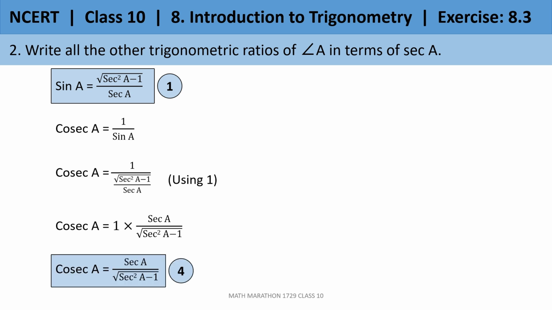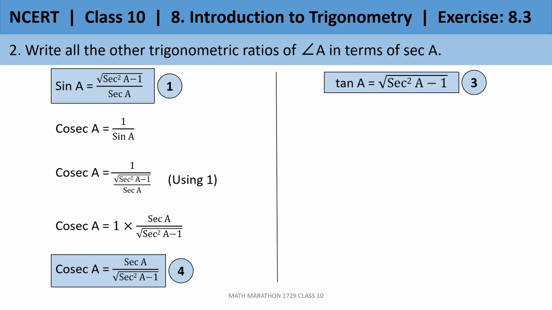So, cosecant A is equal to secant A by square root of secant square A minus 1. Now, we have the trigonometric ratio cosecant A in terms of secant A.